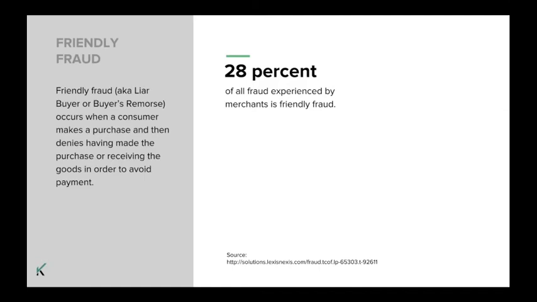Though this type of fraud is particularly difficult to identify before it happens, there are ways to get the chargeback reversed after it happens. For those of you interested in how to win a chargeback dispute, you should focus on collecting the right information during the transaction itself. And that type of information includes the proof of delivery, for example, signed proof of delivery to the cardholder's shipping address. Customer communications such as emails or text messages, the verifications that you've had with the customer, even phone calls. Address matches such as billing and shipping address.